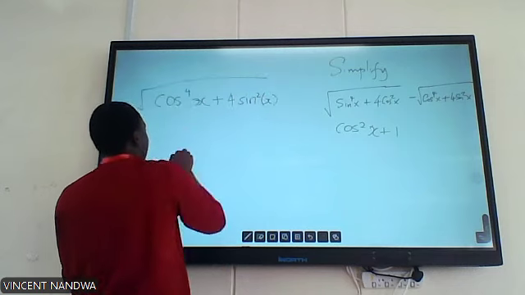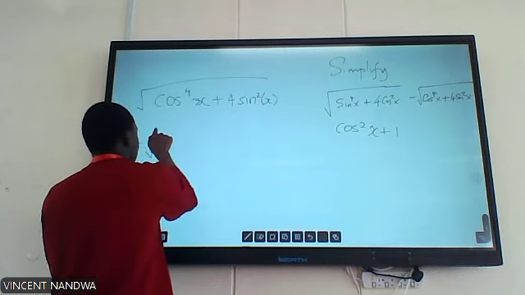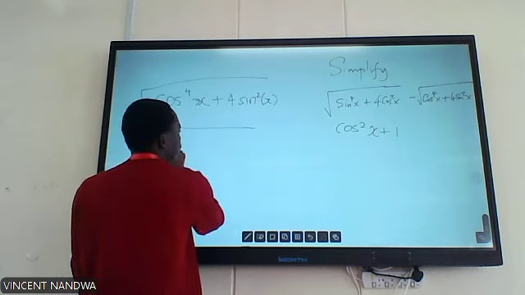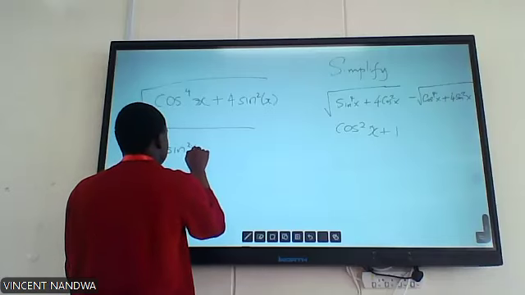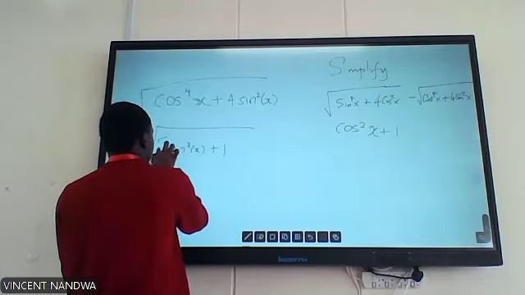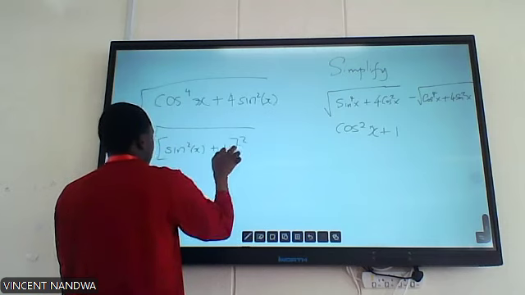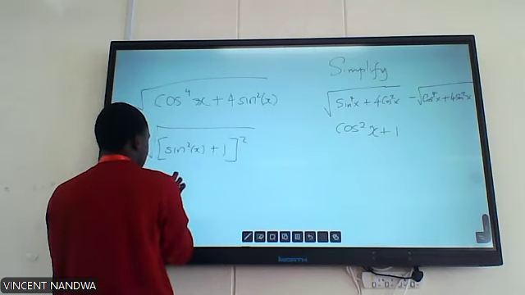And when you find the square root, using that same method, it will give you sine squared x plus 1 squared, which will just be sine squared x plus 1.